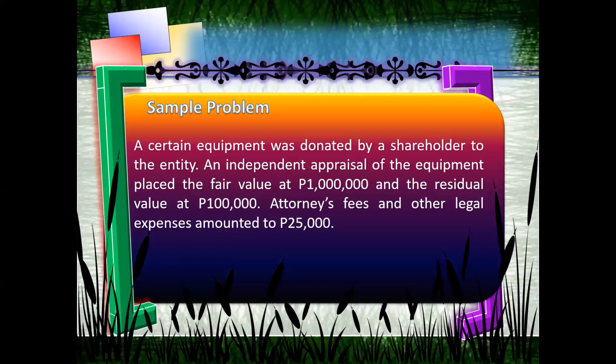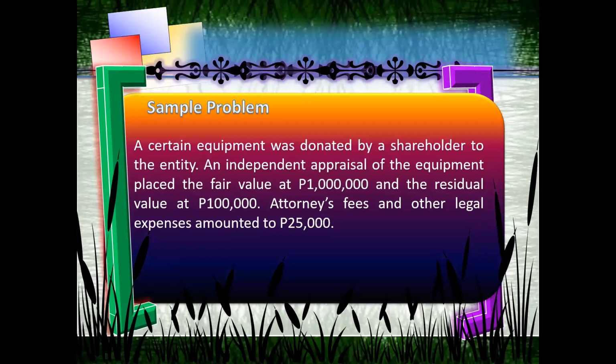Now, when we incur the 25,000 attorney's fees and other legal expenses, what's our entry? It will be a debit to donated capital and a credit to cash, because of course you paid out cash of 25,000. So we can say that the value of our equipment as reported will be equivalent to 1 million.